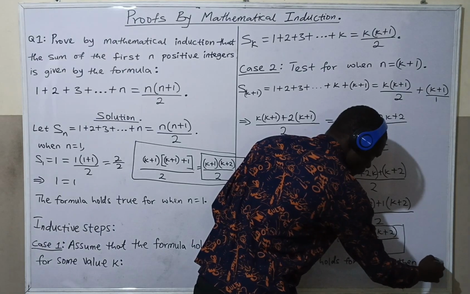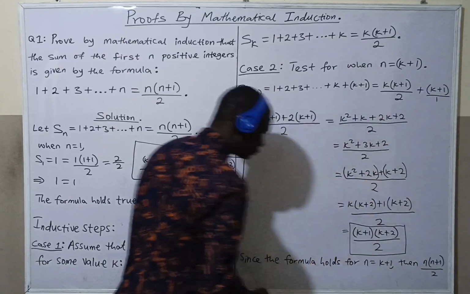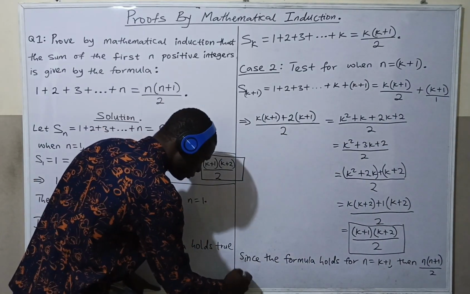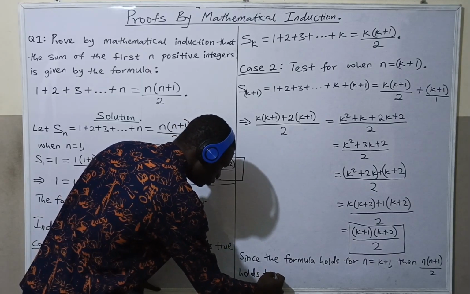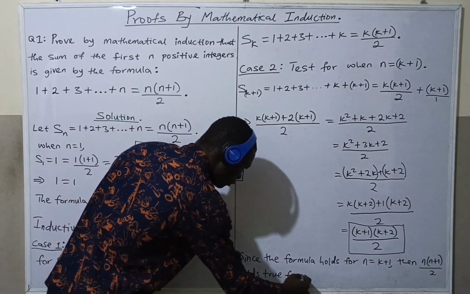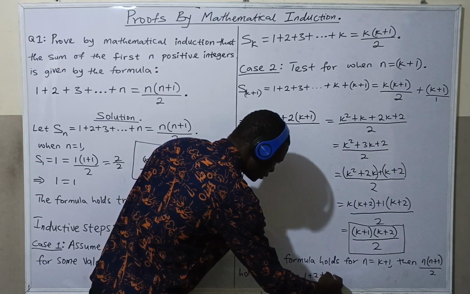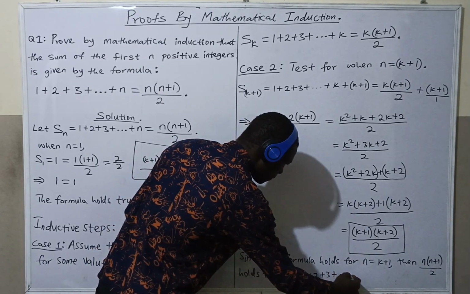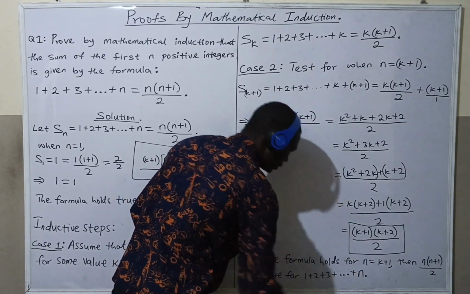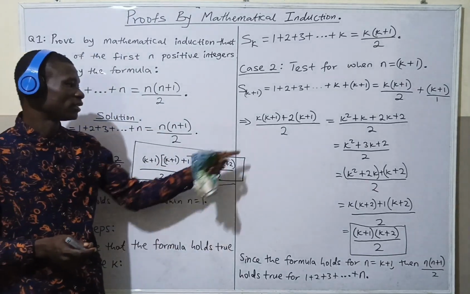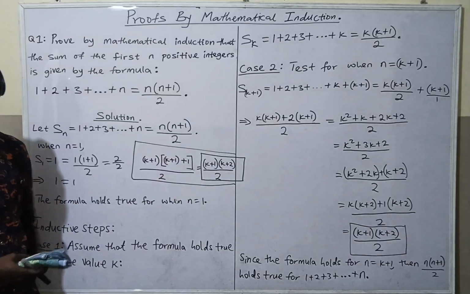Then n bracket open, n plus 1 close bracket divided by 2 holds true for 1 plus 2 plus 3 plus the continuous list, then terminating at the point N. So this is our conclusion, and that is the first question under proof by mathematical induction.